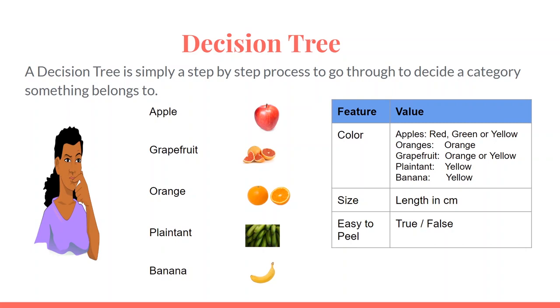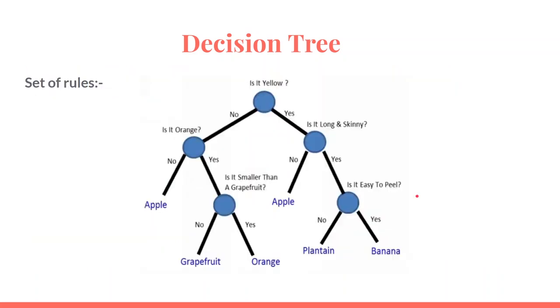Also, we have the size of the fruit, which is in this case the length of the fruit in centimeters, and the information whether it is easy to peel the fruit or not. So the decision tree will help train this person to categorize a set of fruits into different categories using these features. So this is how a decision tree looks. As you can see, we have used the features of the fruit to categorize it into different categories.